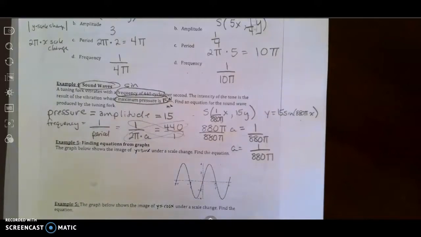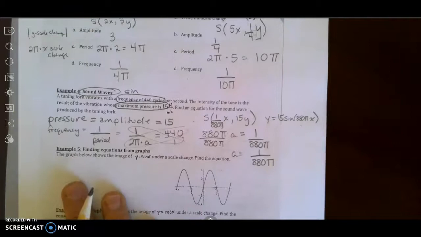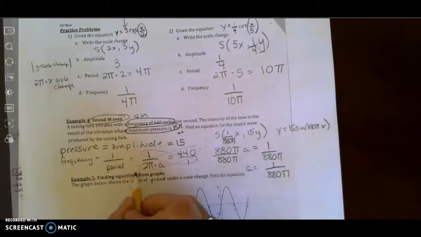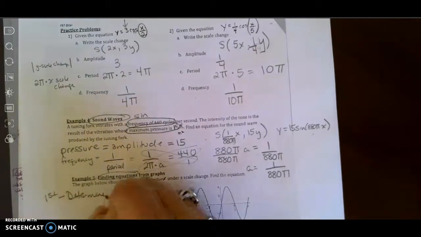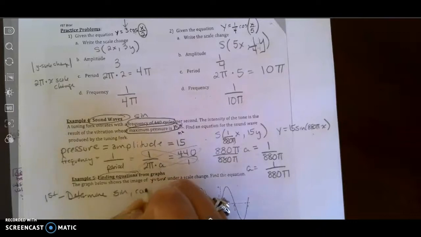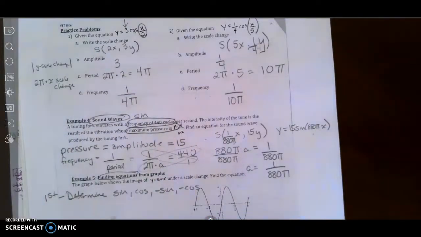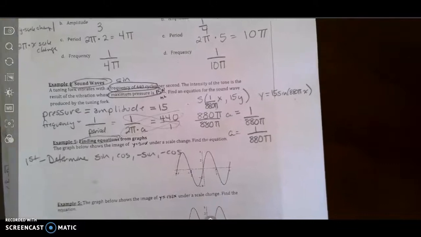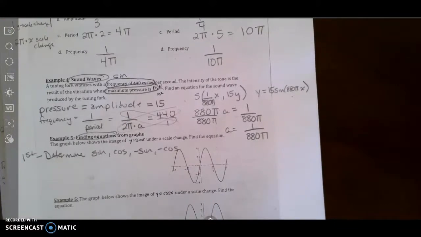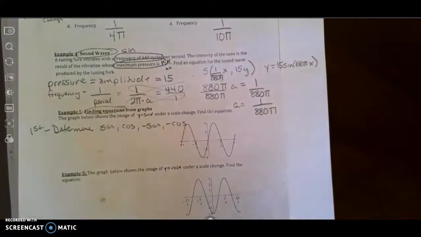Whenever you're asked to find an equation, your first step is to determine if it's sine, cosine, negative sine, or negative cosine. I'm saying this because on a graph this will be your first step. I won't always just tell you, hey, this is the image of sine.